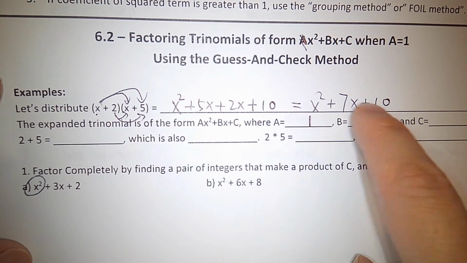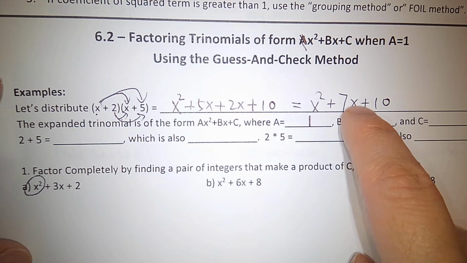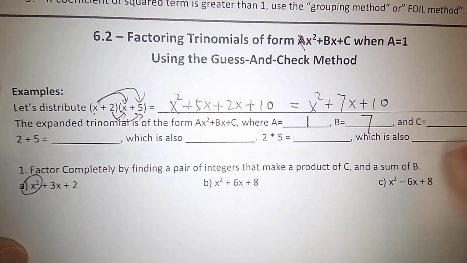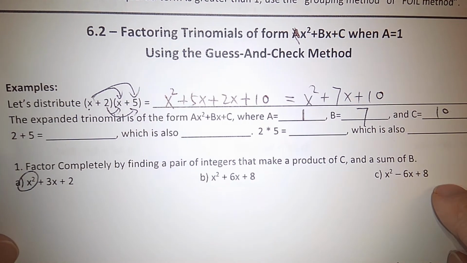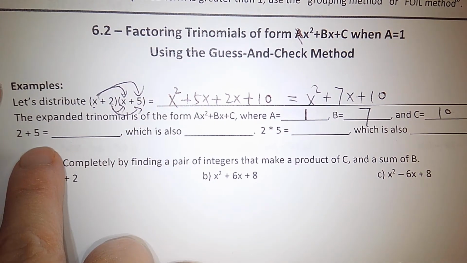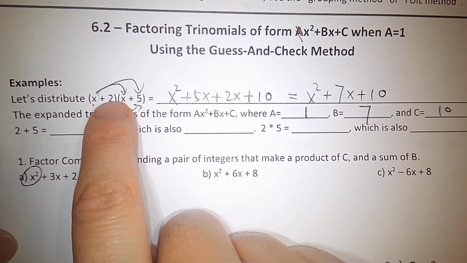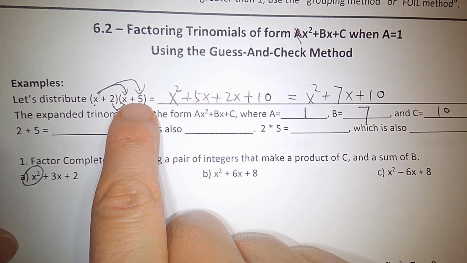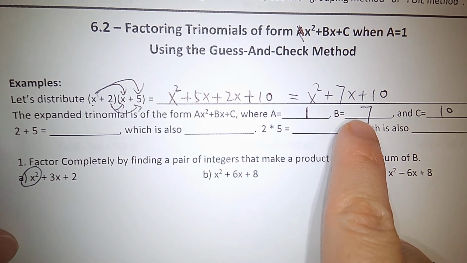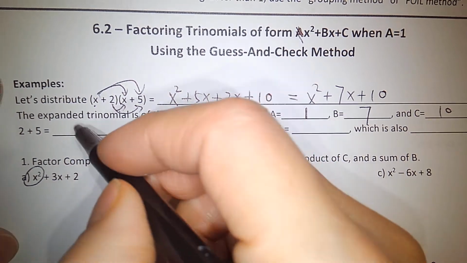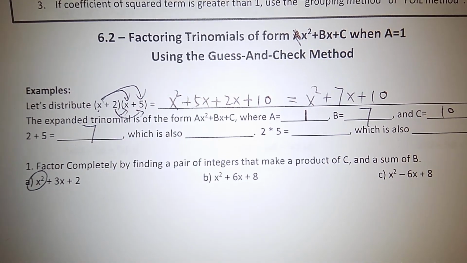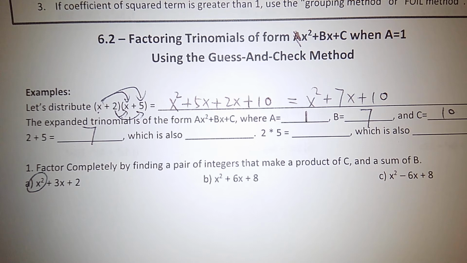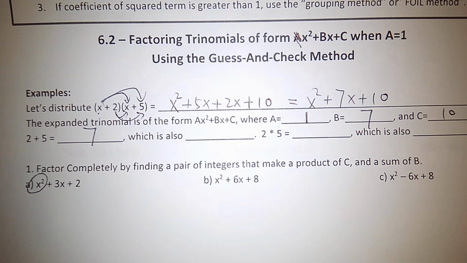What is the b in this trinomial? b is the coefficient of x, which is 7. What is the c? 10. Okay? So we find that 2 plus 5 equals what? 7. Okay? Which is also what? The b, right?